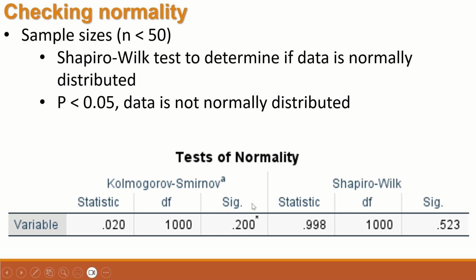If the p-value is less than 0.05, then the data is not normally distributed. Here in this case, the data are normally distributed as the p-value is 0.2.